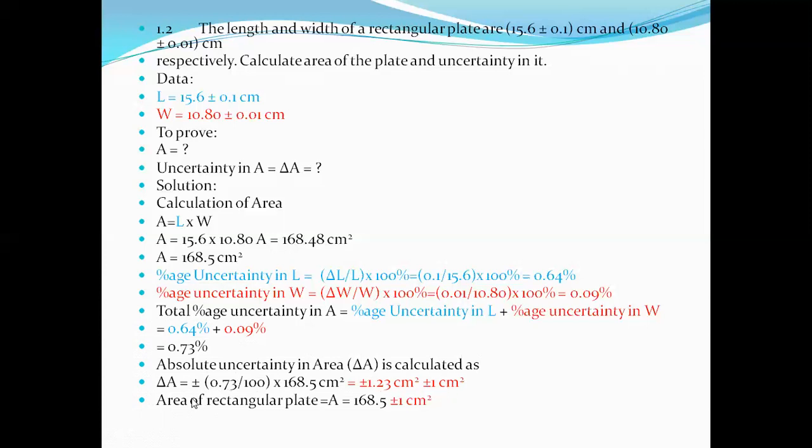So the total uncertainty in the area of a rectangular plate is 168.5 plus minus 1 centimeter cube. In this way, we calculate the uncertainty using the addition and subtraction rule.